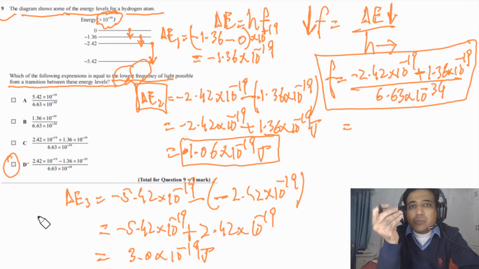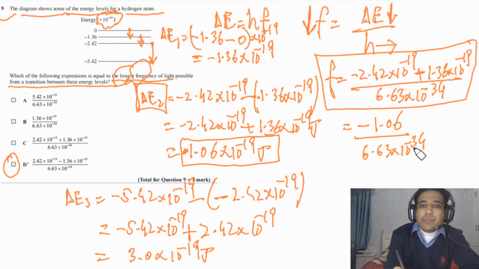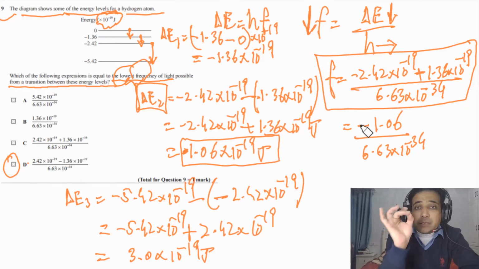Because this is just talking about energy change. If I do this one, I will get minus 1.06, divided by 6.63 times 10 to the minus 34. This negative sign simply tells us the energy of the electron has decreased.